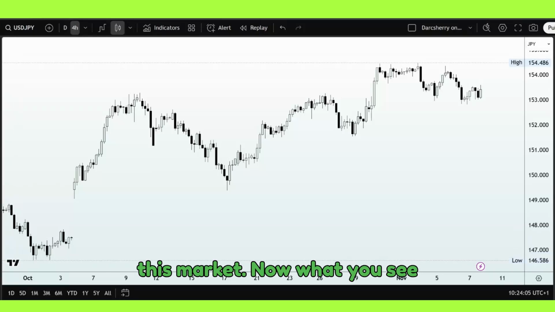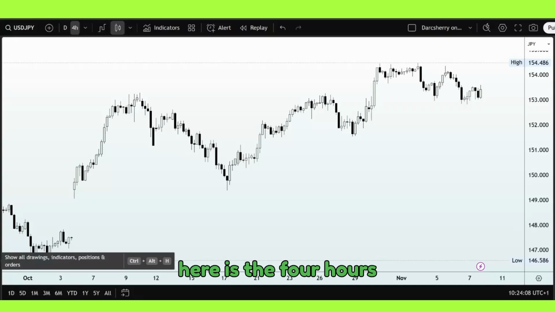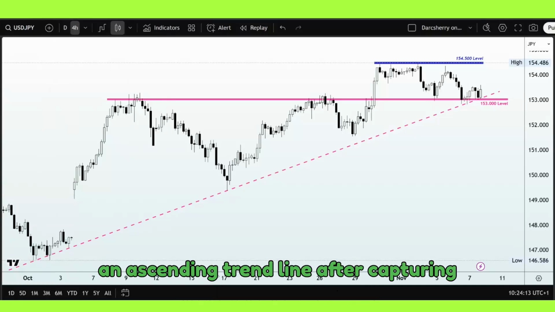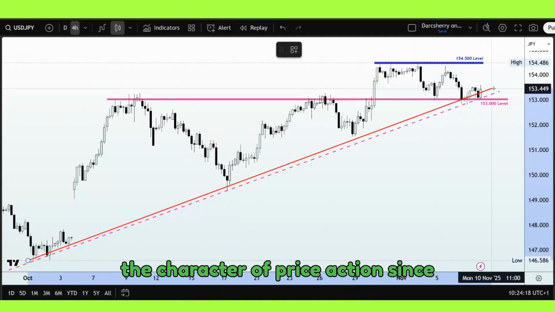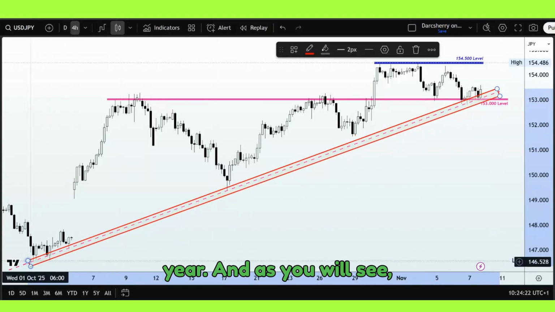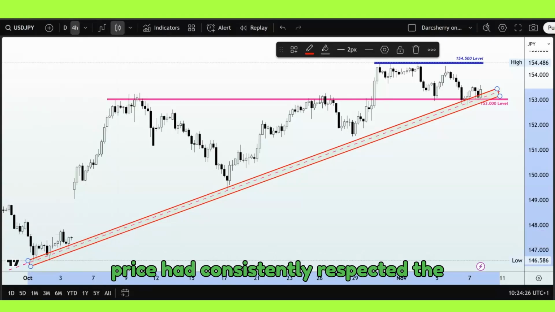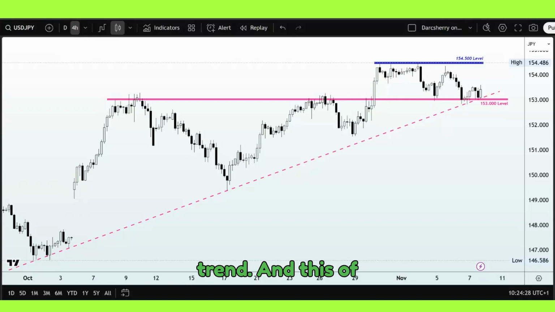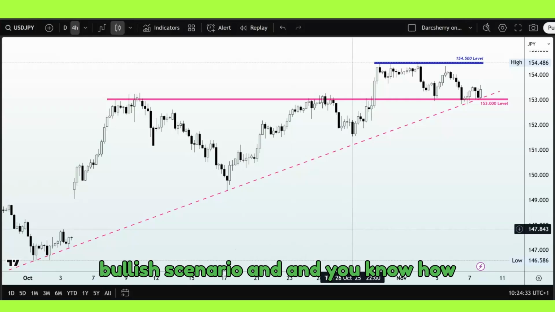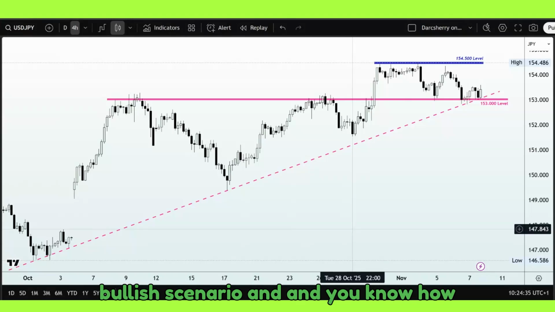What you see here is the 4 hour time frame, and I was able to spot an ascending trend line after capturing the character of price action since the beginning of October of this year. As you will see, price has consistently respected the trend line, and this captures about 6 weeks of bullish scenario.